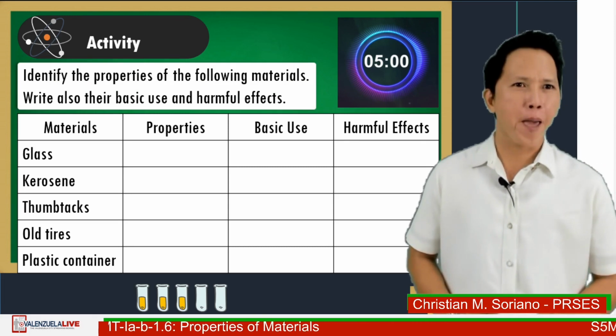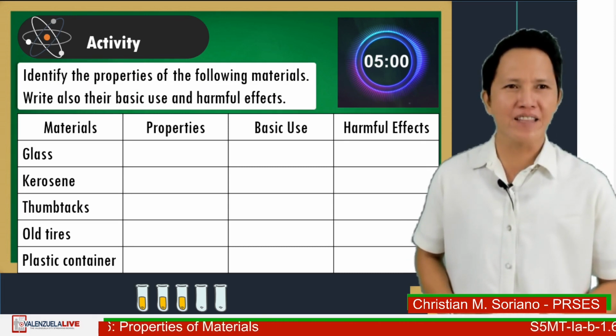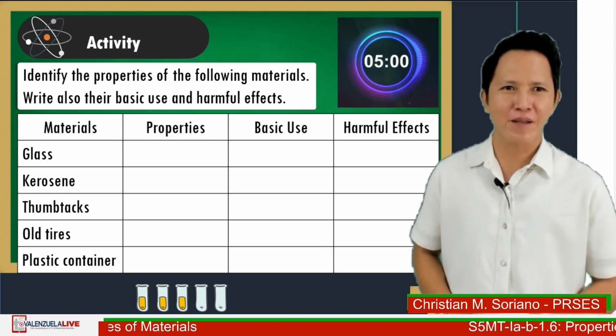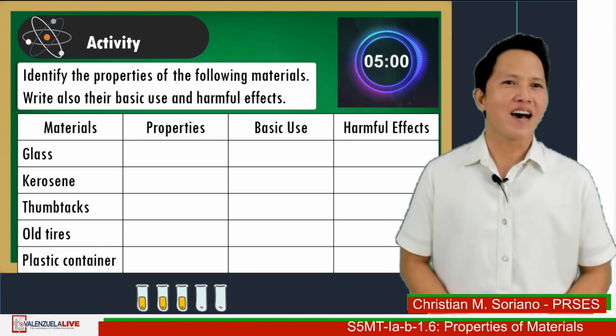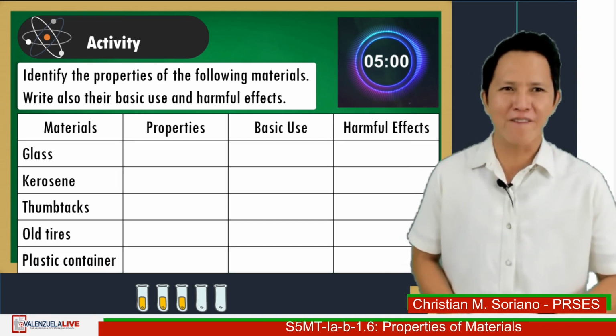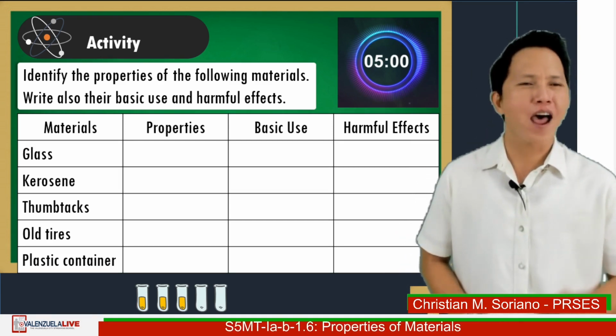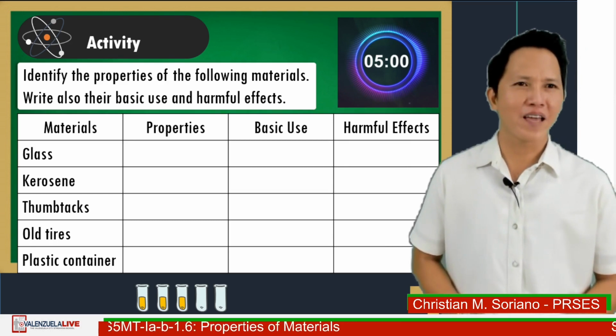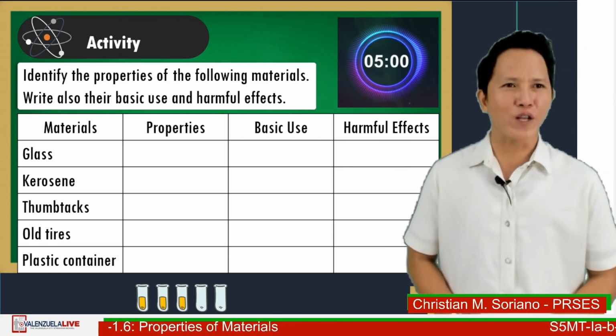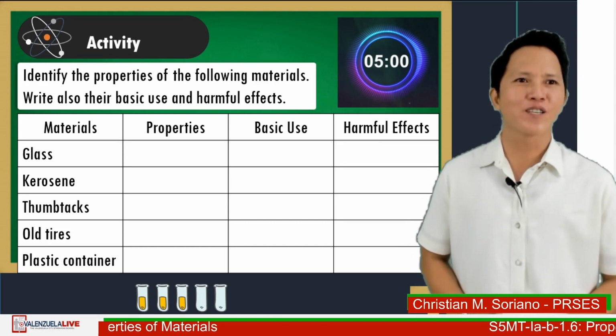Write also their basic use and harmful effects. But I suggest that our students this morning can have different or varying answers in this table. And for this activity, I'm going to give you 5 minutes to answer them.